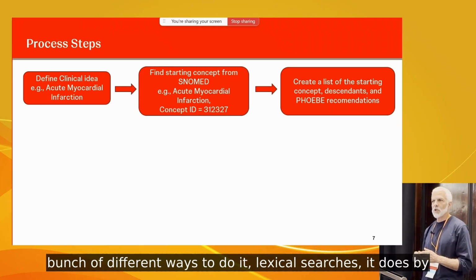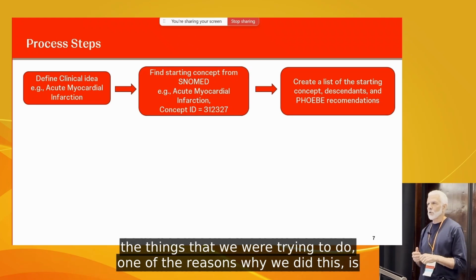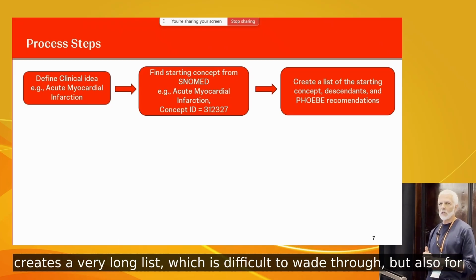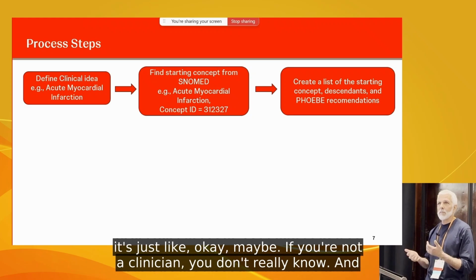It uses a bunch of different ways to do it: lexical searches, by patient context, things like that. So it creates a long list. One of the reasons why we did this is that it creates a very long list, which is difficult to wade through, and for non-clinicians, when it suggests something, it's just like, well, okay, maybe.